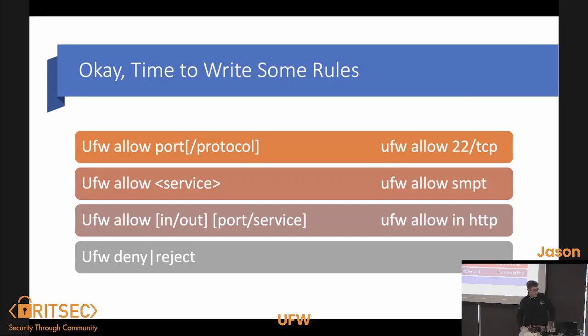So yeah, we can specify ports and protocols, and we can also use a service. Does anybody know what the etc services file is? Ross, do you want to explain what the etc services file is? Where all the services live. Yeah, basically. Pretty self-explanatory. So if there's a service listed in etc services and it has a port next to it, you can use the name of that service in your firewall rules. So SMTP, simple mail transfer protocol.